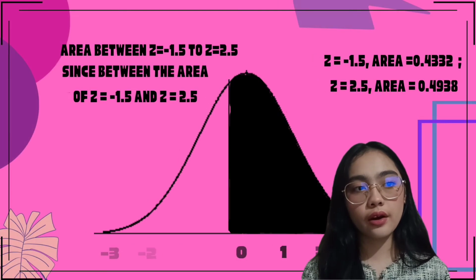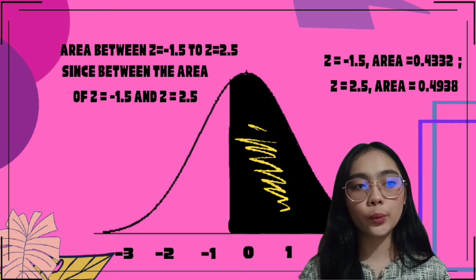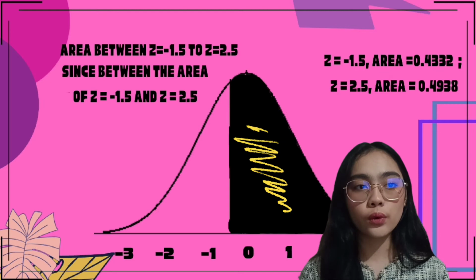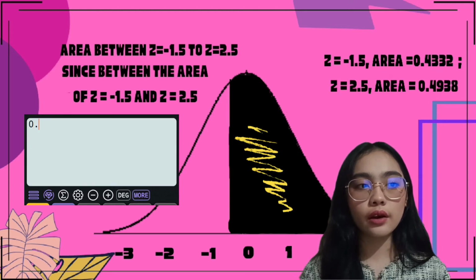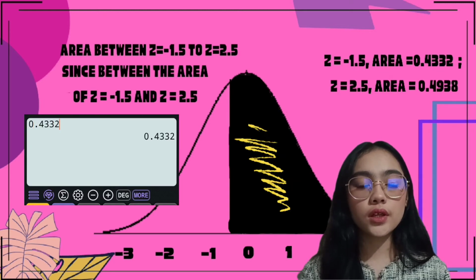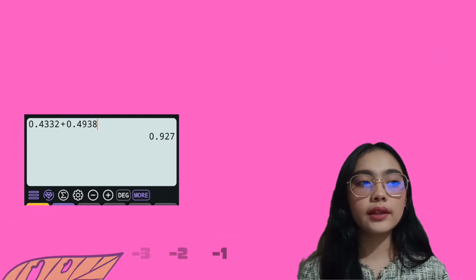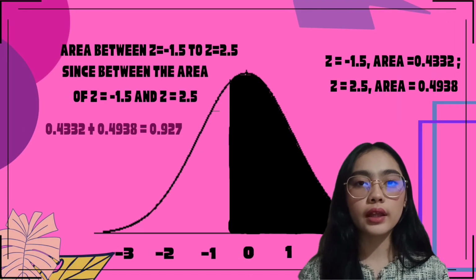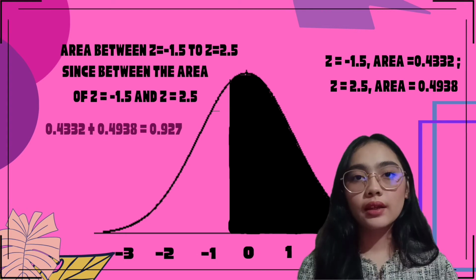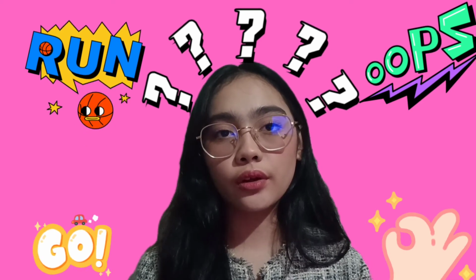Since the area of 1.5 is 0.4332, we will just add this to the area of 2.5, which is 0.4938. And we will get an area of 0.927.